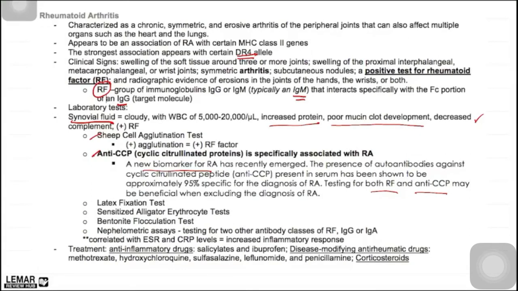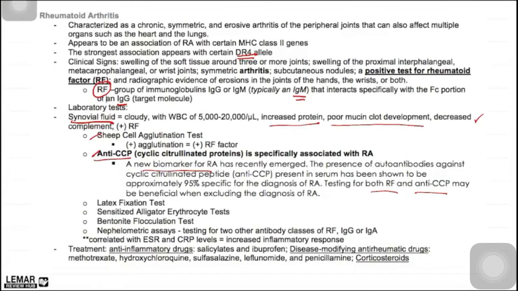So the sheep cell agglutination test would identify RF. Of course, the CCP testing would identify the autoantibody anti-CCP, which is highly specific for RA.